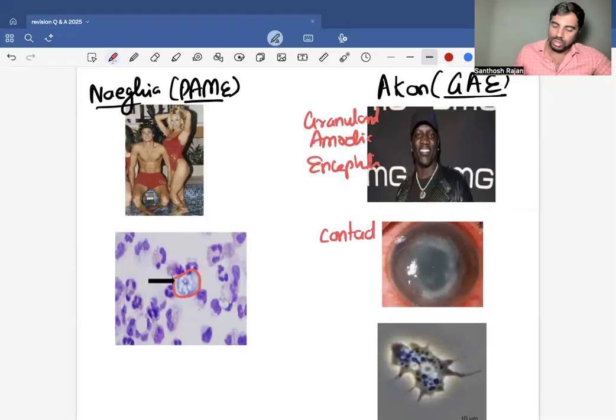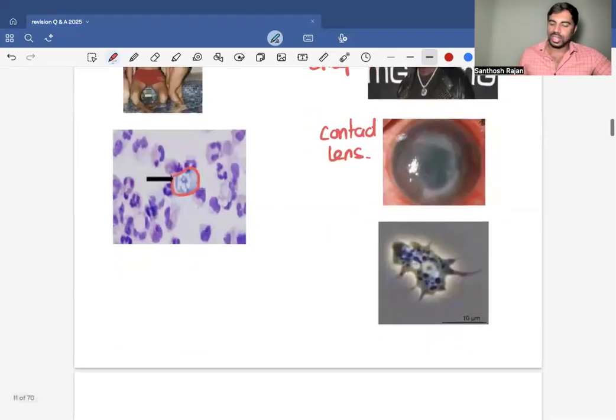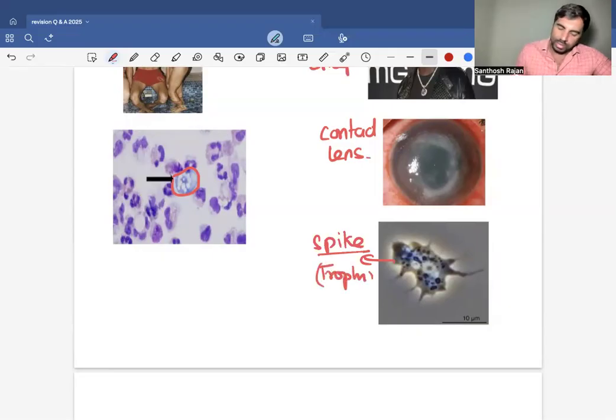Acanthamoeba is gay, so he wears a lot of contact lens to look colorful and he gets keratitis. And this is typical, spike. I can't miss the spike. So being gay, he always makes spikes on his eye. Remember like that. And there's a double wall cyst, but mainly the spike is important. This is a trophozoite with a spike. And just a simple amoeboid form, you can see the Naegleria.